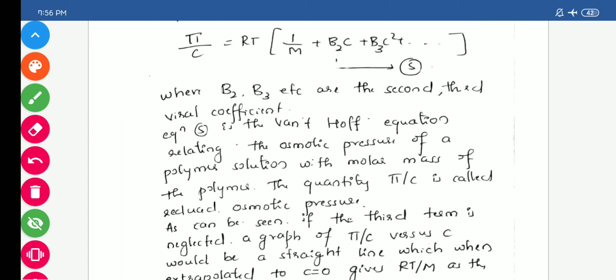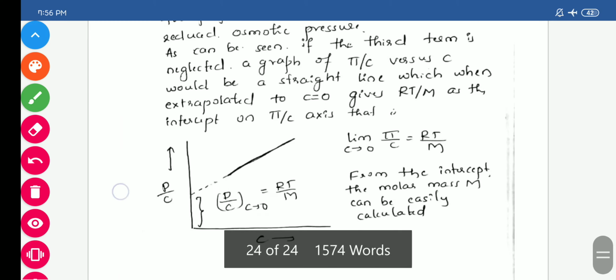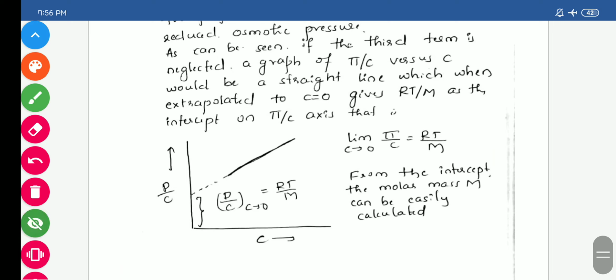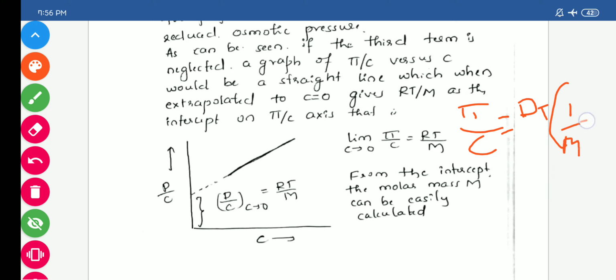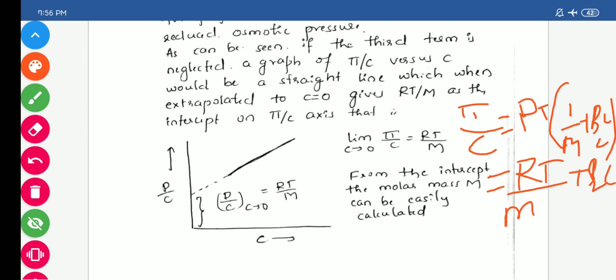So let's move here. What I had written here: pi divided by C equals RT into 1 divided by M plus B2 into C. If you consider this expression, it is like y is equal to mx plus c.